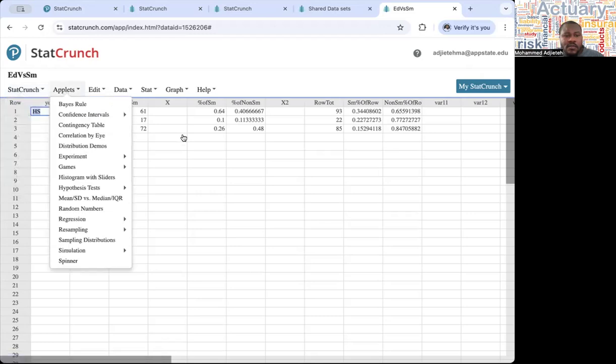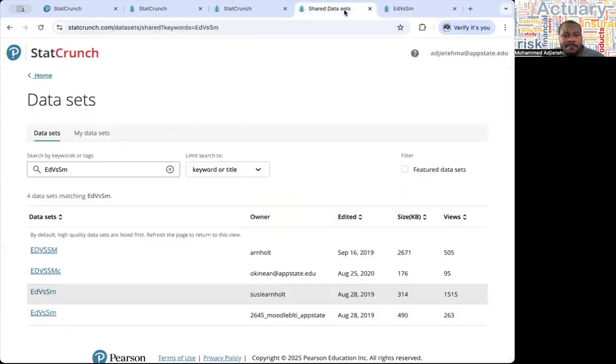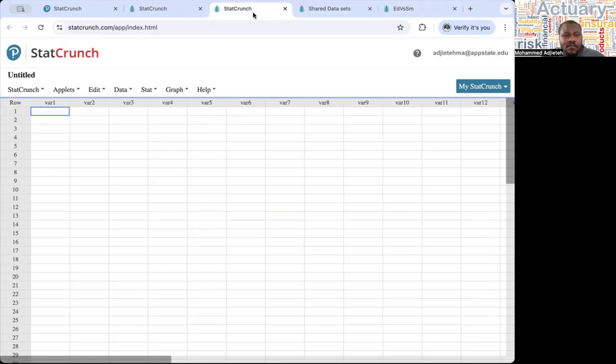Let me see if I can delete all this. Okay, good. So let me put gender here. Let me put blue eye, brown, green, hazel, or other.